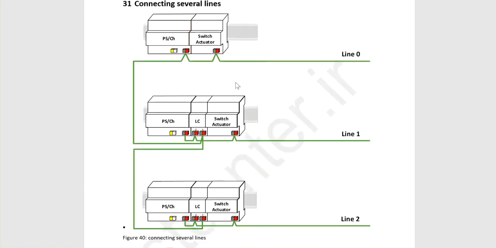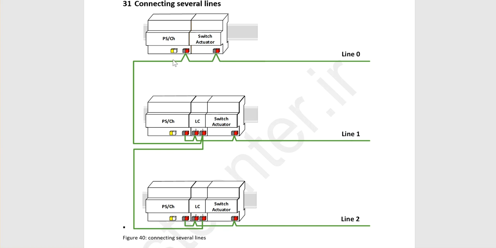This picture in the book provides us a very clear connection or wiring. Line 0 means the main line. In the main line you should have the power supply plus choke, and also you can have some devices like switch actuators or any other devices.